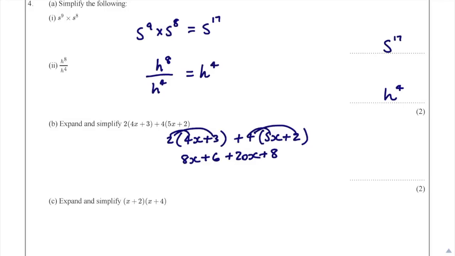Simplify this, so we collect like terms, so we do 8x plus 20x, we get 28x, and then we can add the 6 and the 8, and we get 14. So it's 28x plus 14.